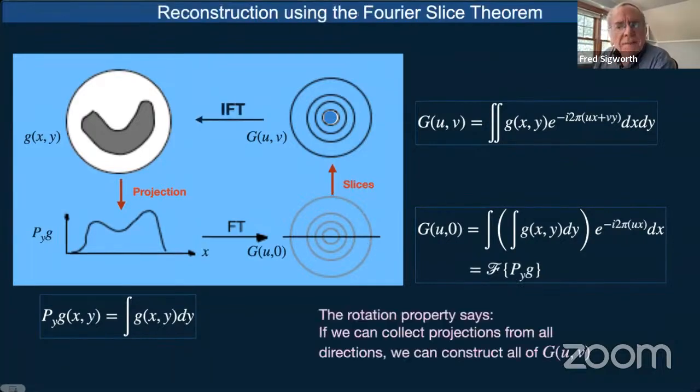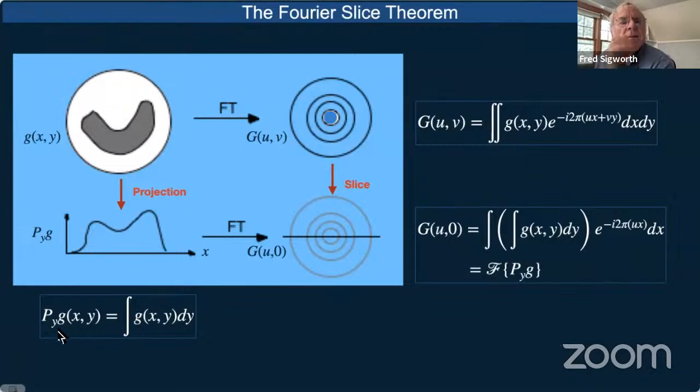The way this works is a projection is an integral. So, for example, a projection along y is just an integral over the y variable, and the Fourier transform is an integral too. And it turns out that we can just convert part of this integral into a projection by just saying, okay, let's look at the 2D Fourier transform with the v, the second frequency variable, being 0.